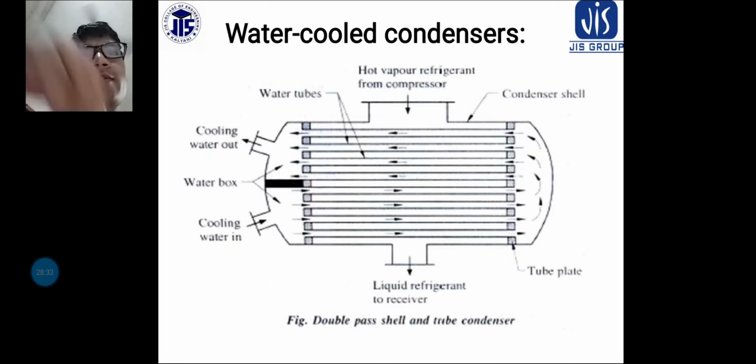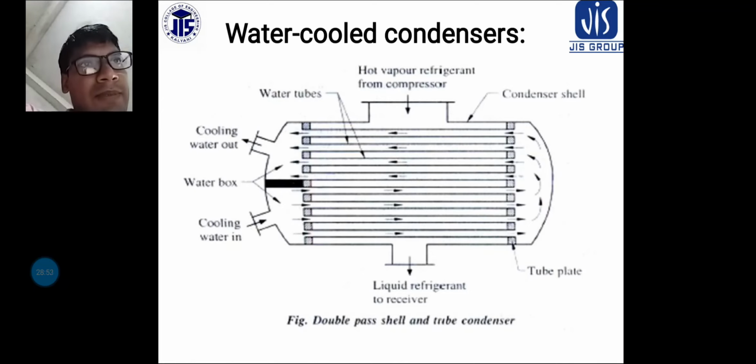One more thing I would like to explain here: what is the fouling factor. In case of a water cooled condenser, the water used, depending upon its source, contains a certain amount of minerals and other foreign material.